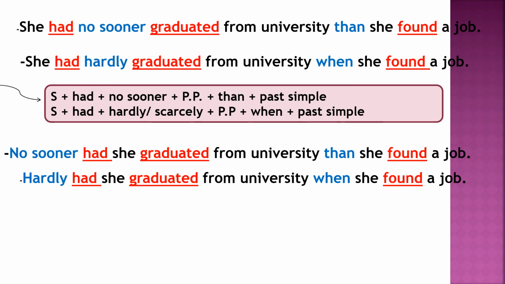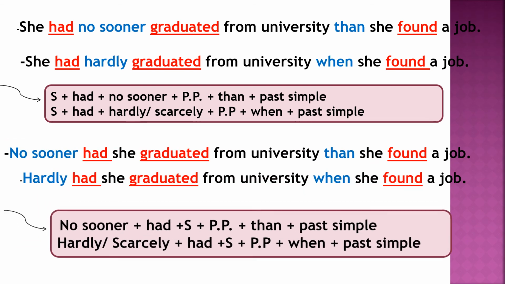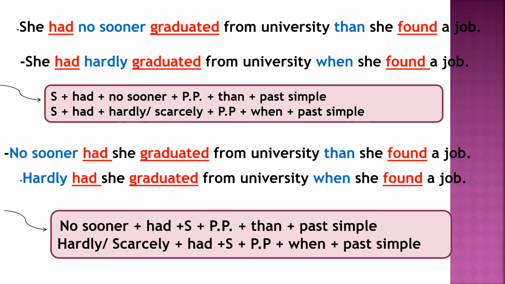As I say, no sooner had she graduated. I didn't say she had. I said had she, as we are in the question. And then I use than with no sooner and when with hardly or scarcely.